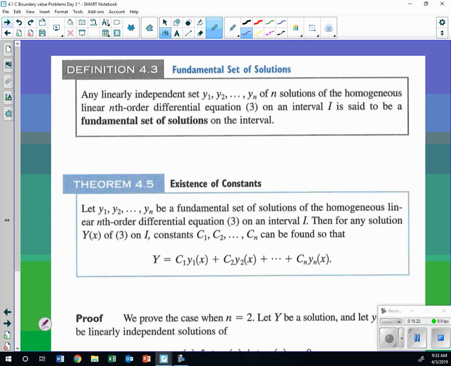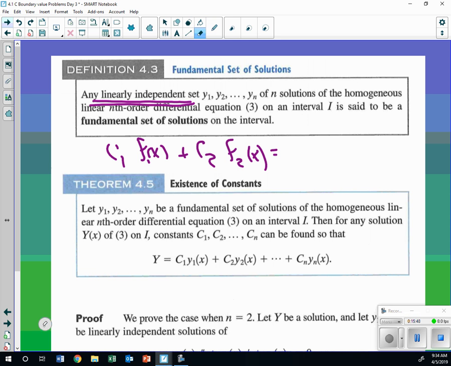Dealing with those constants, those C1s, C2s, this works as long as it's linearly independent. So doing the C1 f of x1 plus C2 f of x2 solution, we'd set this equal to y. This only works if these two are independent.